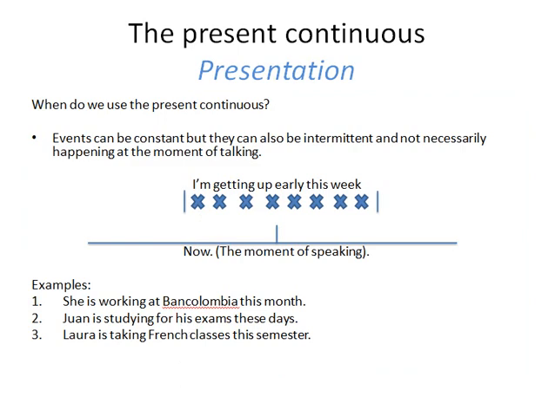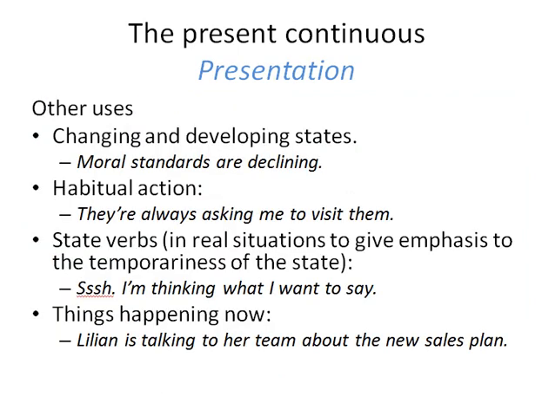Okay, now, other uses of the present continuous. When changing and developing states, for example, moral standards are declining. Nice example. For expressing habitual action, for example, they are always asking me to visit them.